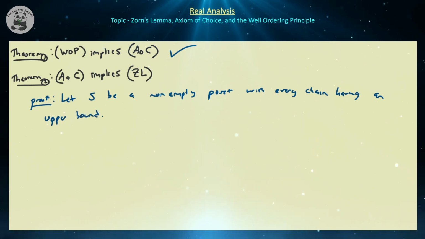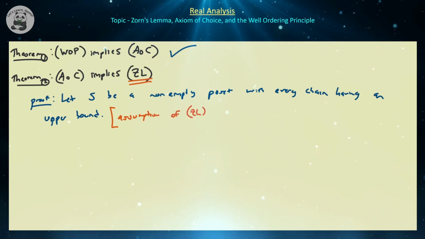Right? And you're like, okay, well, where is this assumption coming from? So this assumption is coming from Zorn's lemma, right? So this is the assumption of Zorn's lemma. Keep in mind that this, at least directly, does not necessarily imply that there exists a maximal element.